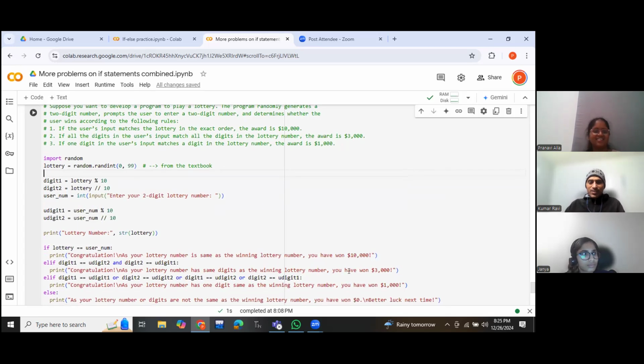Yeah. Did you win some lottery? I won $1,000. My number was never equal to the number which was randomly generated by the computer.